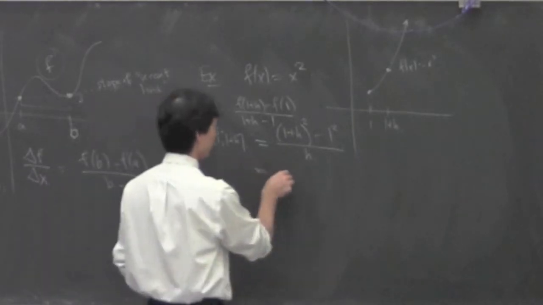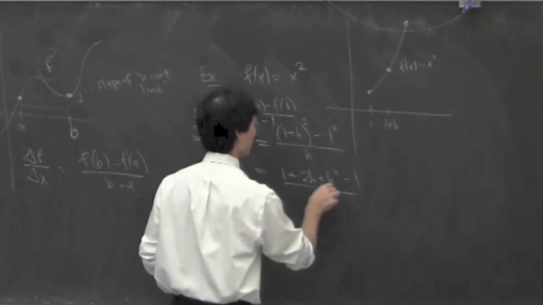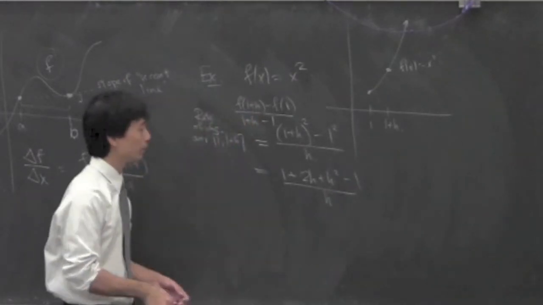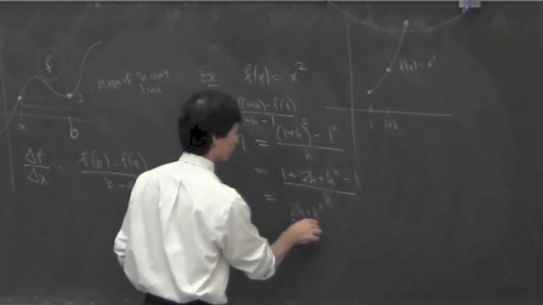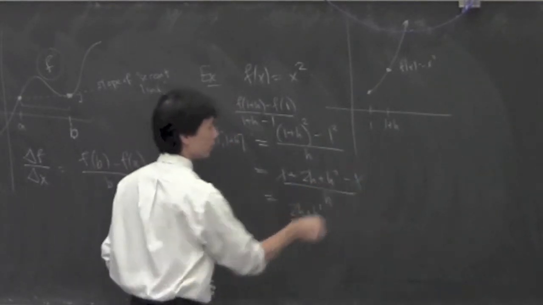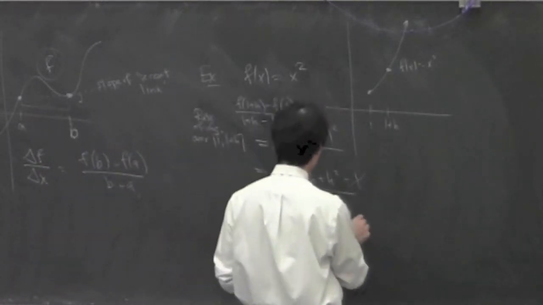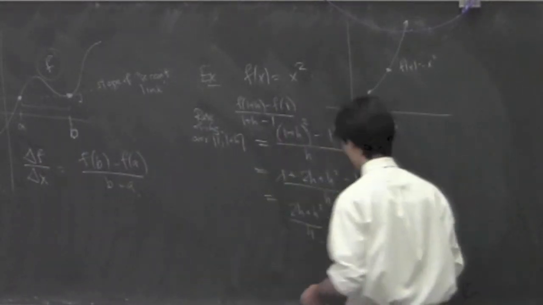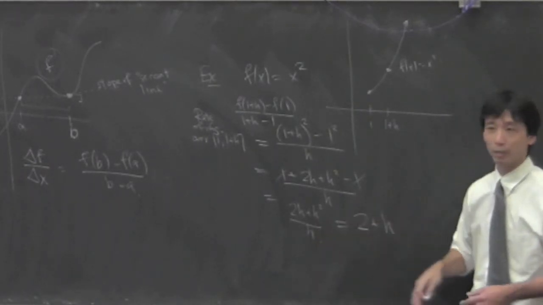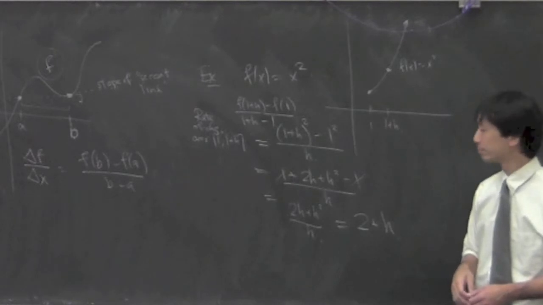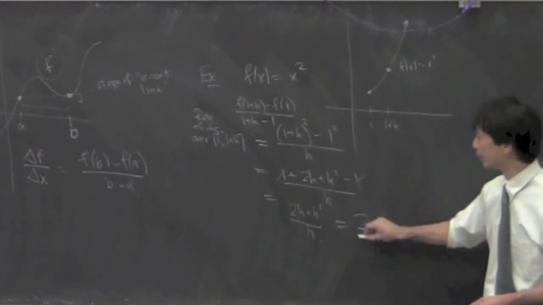Let's work it out. That's, of course, 1 plus 2h plus h squared minus 1 over h. That is to say 2h plus h squared over h. The ones cancel each other off, and canceling h out of the top and bottom, we get 2 plus h.